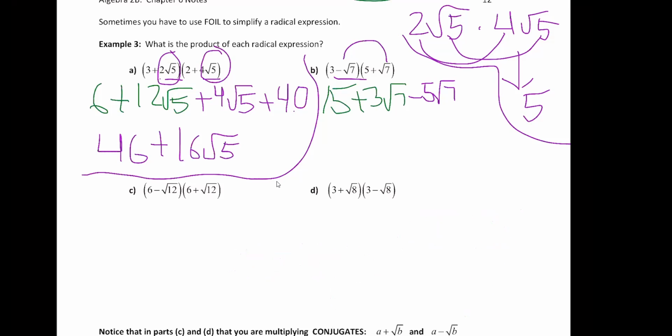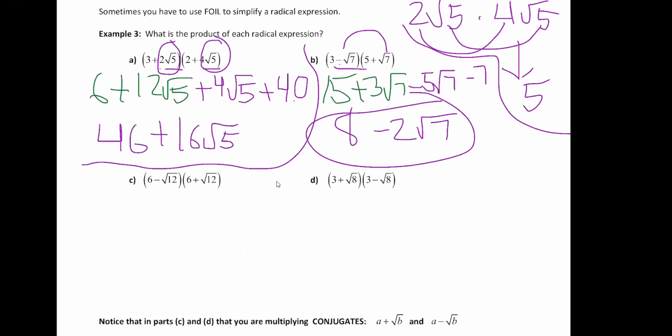So radical 7 times radical 7 would just be 7. And since it's negative, it would be minus 7. So if you combine your like terms, 15 minus 7 would be 8. And then 3 radical 7 minus 5 radical 7 would be negative 2 radical 7.